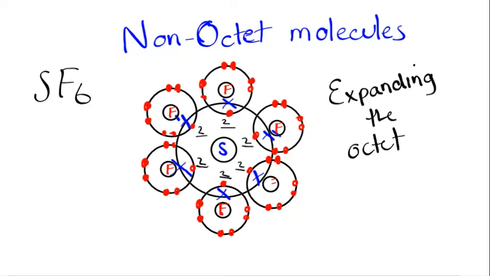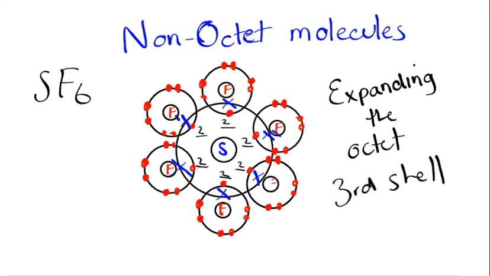So why can sulfur do this? If you look at the periodic table and where sulfur sits, sulfur is in the 3rd row of the periodic table, which is known as period 3. When you get down to period 3, the outer electrons are in the 3rd shell.